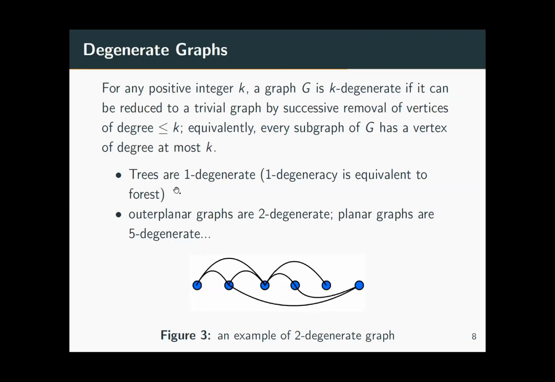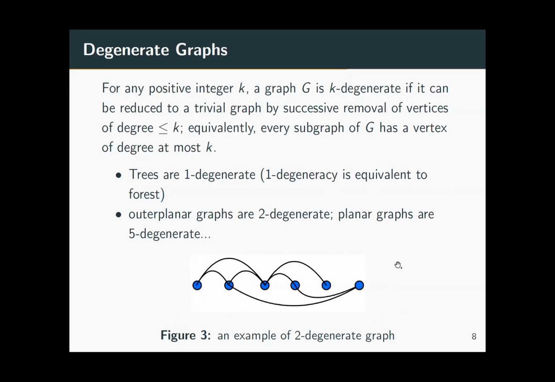So we can easily think about it. Trees are one degenerate, and actually any one degenerate graph is equivalent to a forest. And outerplanar graphs are 2 degenerate. Planar graphs are 5 degenerate. So here is an example. Actually, this is a 2 degenerate graph.